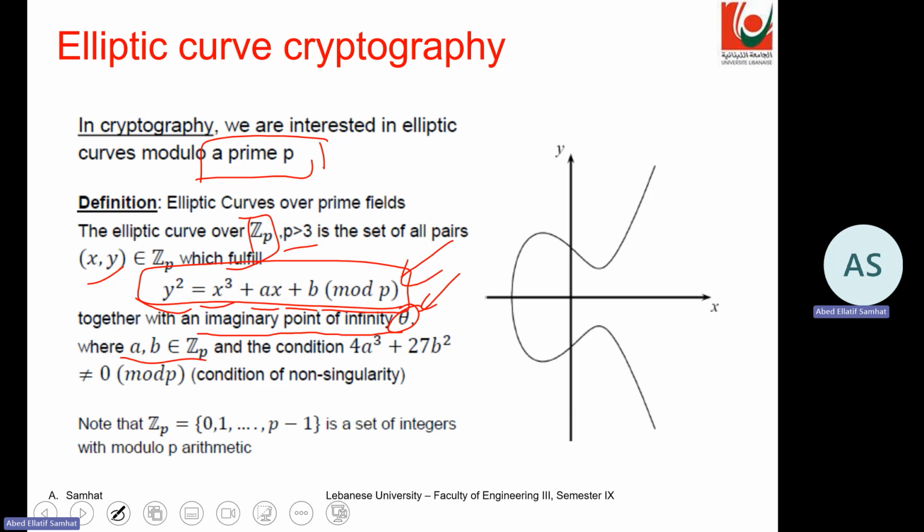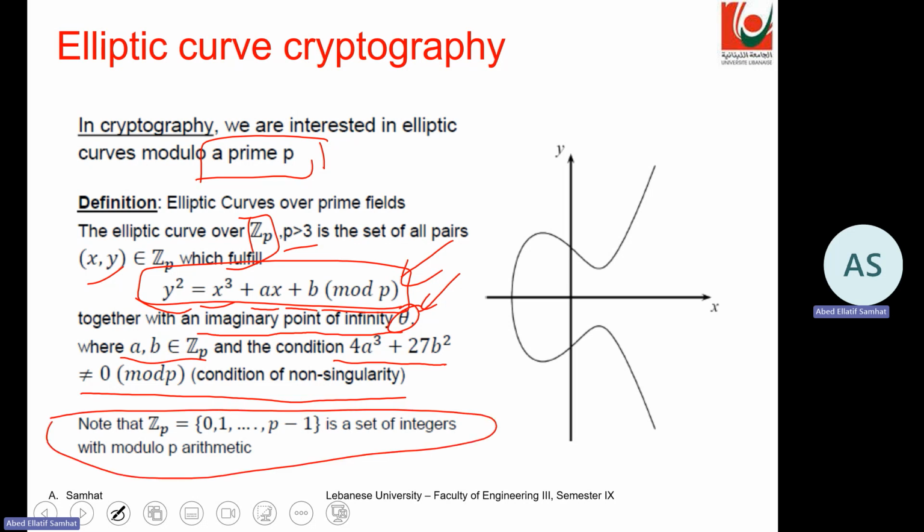In order to have this equation, the discriminant condition should be different from 0. This is the condition of what we call non-singularity. And typically Z_P, you know, is all the integers less than P. You may already have done some exercises on this part in algebra in semester 2.